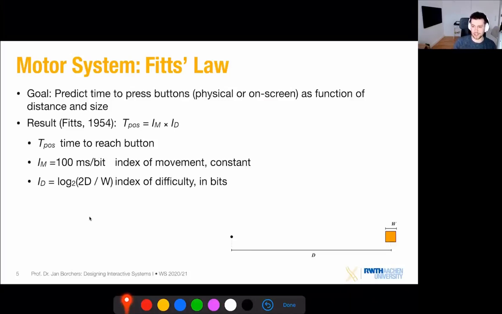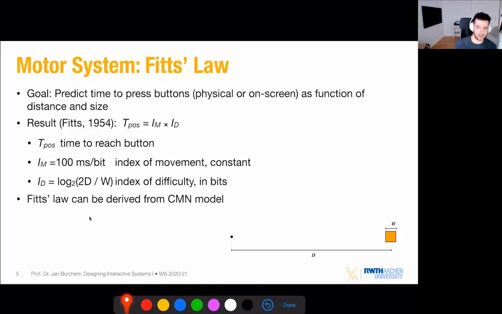So it's 100 milliseconds per bit times the logarithm to the base of 2 of 2 times the distance divided by the width. Okay.